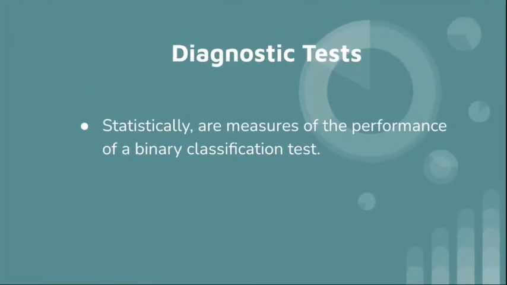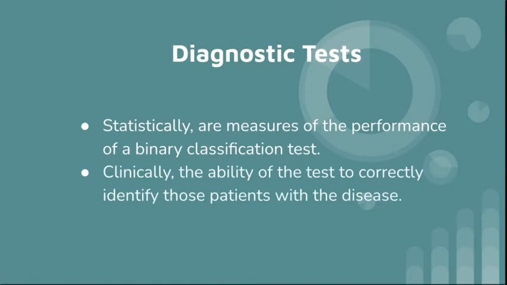So, let's proceed to another topic under conditional probability. Diagnostic test. Statistically, these are measures of the performance of a binary classification test. Clinically, it is the ability of the test to correctly identify those patients with the disease. So when it is a diagnostic test, we're talking about the accuracy of a test in which the outcome is binary, meaning two possible outcomes.